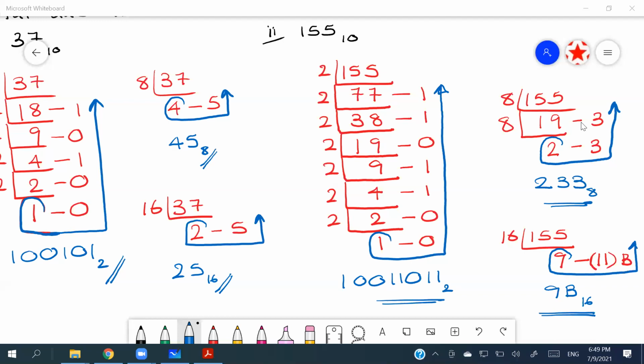So 144, when you reduce 144 from 155, 11 is remaining. So we are not going to write the 11 because we can't write 11 in hexadecimal. For 10, we use capital A, and for 11, we use capital B. So that is why I took 9 and the B. Is that clear?